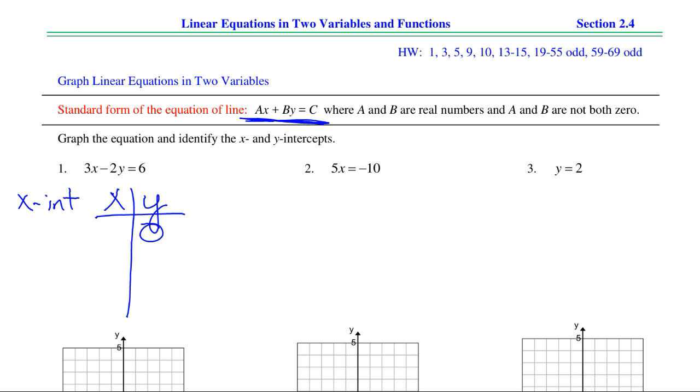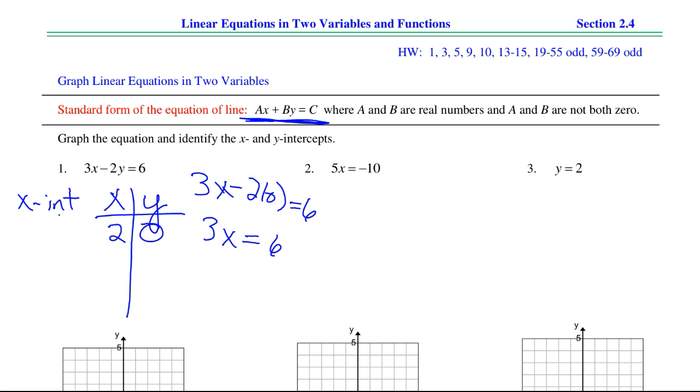And so when we plug that in, we're going to have 3x minus 2 times 0 equals 6. And so we're going to have 3x equals 6, leaving us with 2 for our x.